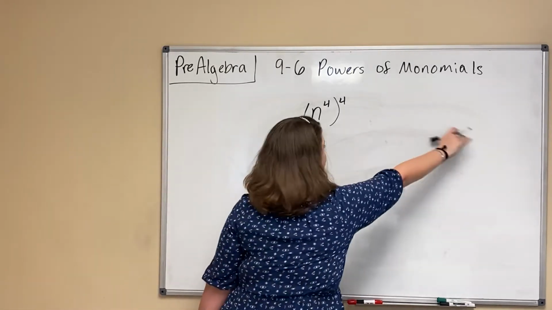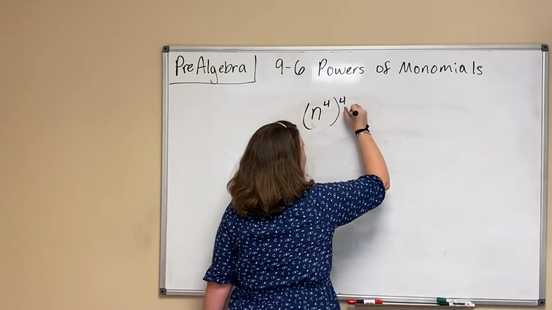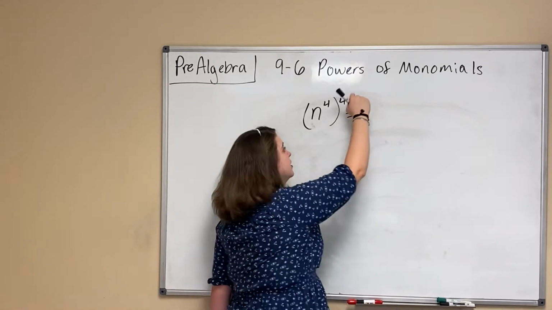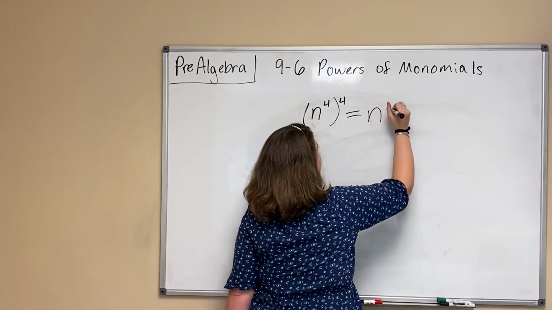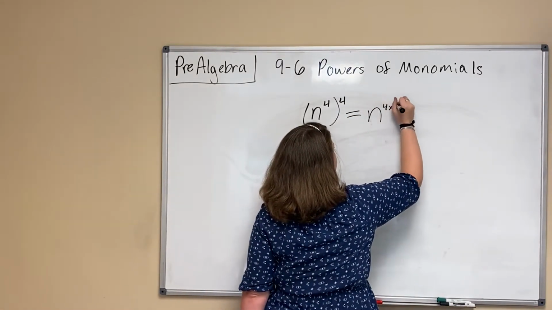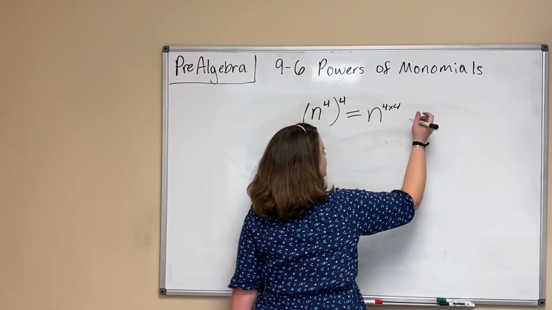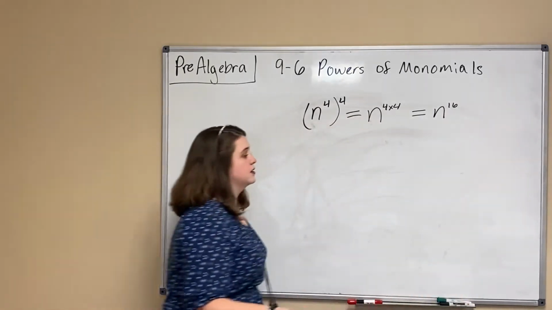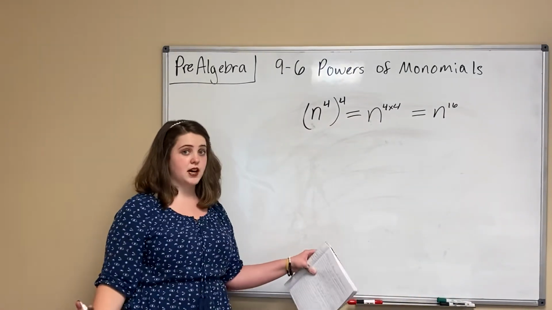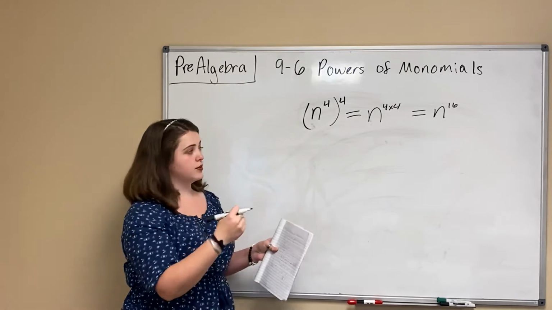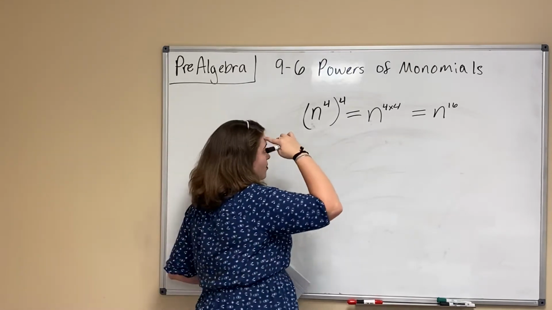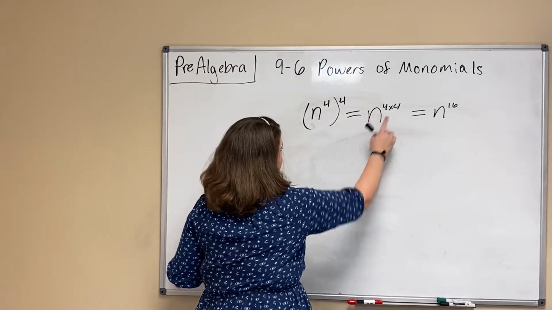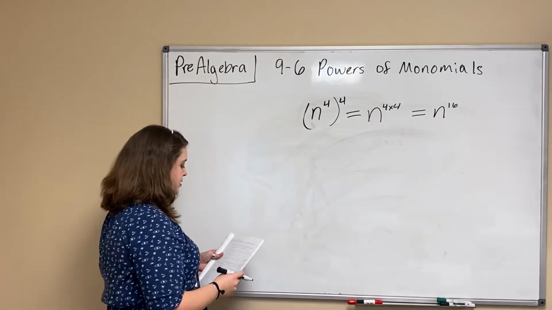I could factor it all out, write all of those n's, or since I have a power raised to another power, I'm going to take n to the 4 times 4, and 4 times 4 is 16, so n to the 16th. It's as simple as that. You could write it all out, you can multiply it all out, or you can memorize any power raised to another power, you multiply their exponents.